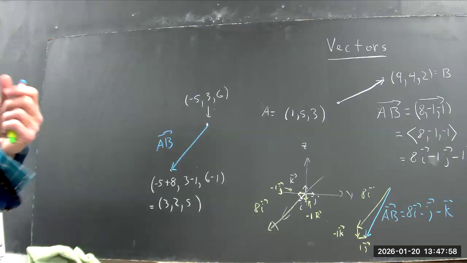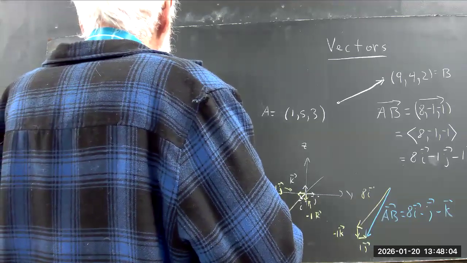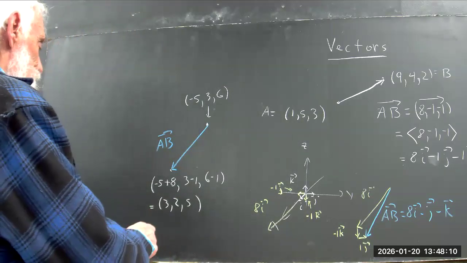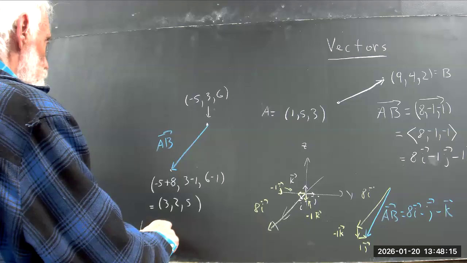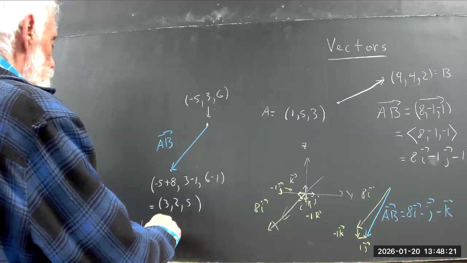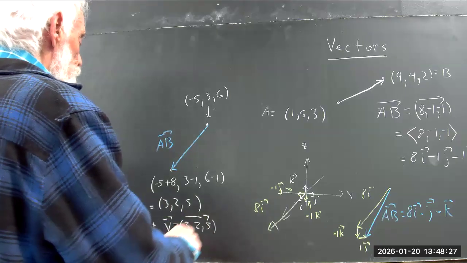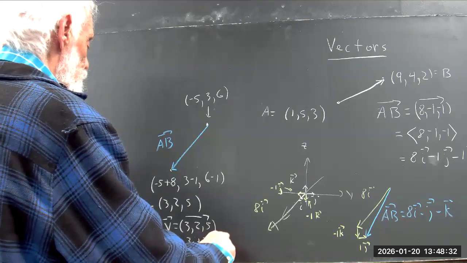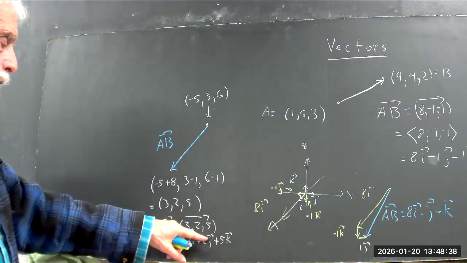Now, where was I? Okay, now let's take another vector. Let's just say I've got the vector 3, 2, 5.